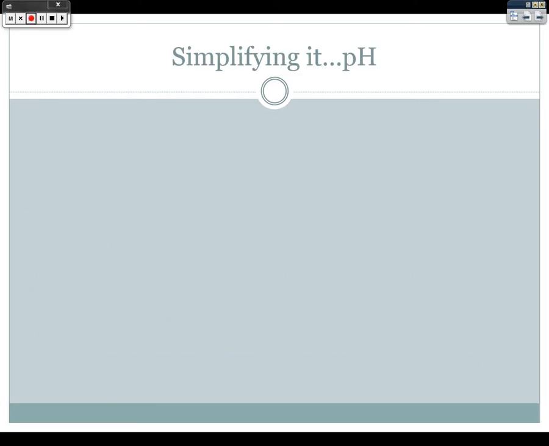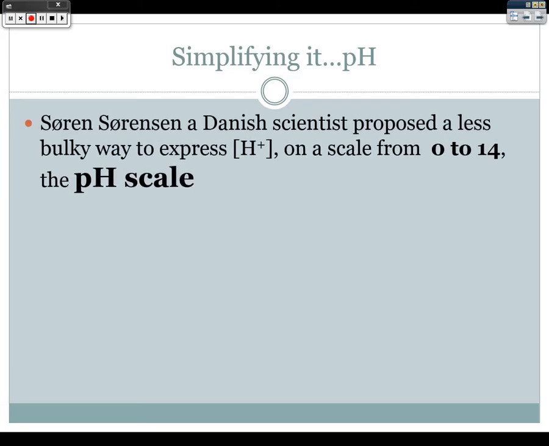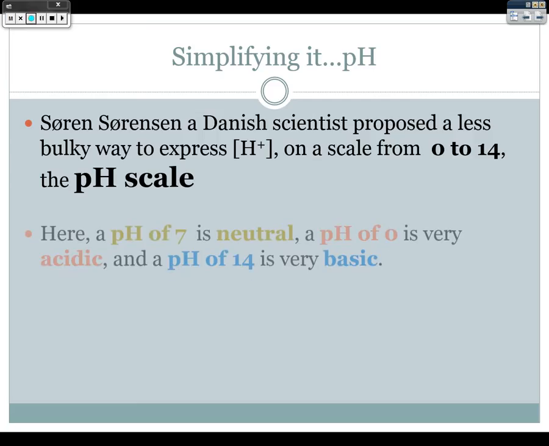Okay? So let's simplify it with pH. So a scientist decided to investigate this, and his name was a pretty funny name. It's Soren Sorensen. But Soren Sorensen proposed a less bulky way to express the H plus ion concentration, and decided on a scale from 0 to 14, or the pH scale.